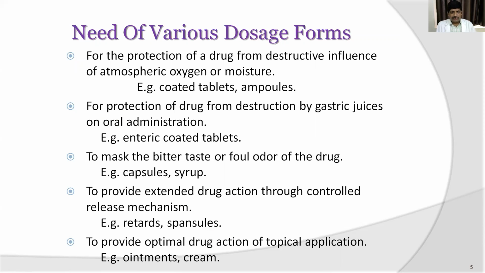And the atmosphere, the climate or the weather is different from one place to another. One particular dosage form may not be stable in all places. They are made stable.